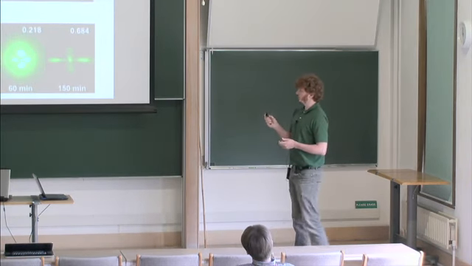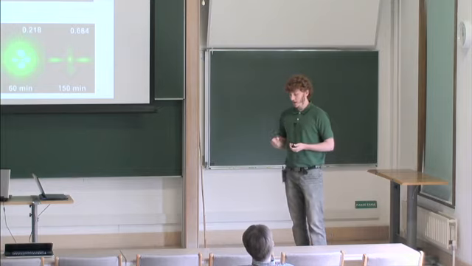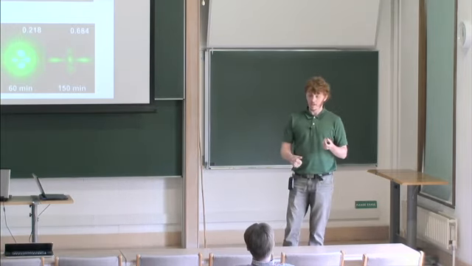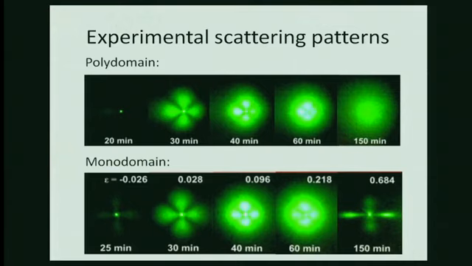What is described here is what happens with the structure of the elastomer when it's being deswelled and either stretched or not stretched at the same time, and thus either undergoes a transition to a monodomain or a polydomain state. These pictures were taken by Chris Grabowski some time ago, and the top line is the time evolution of the scattering pattern from the sample which is not subject to any strain during deswelling.